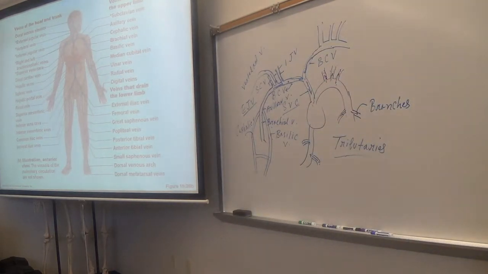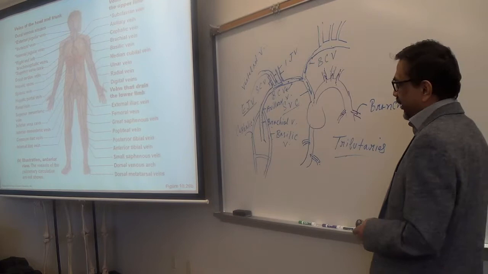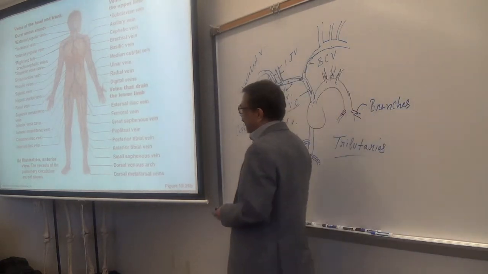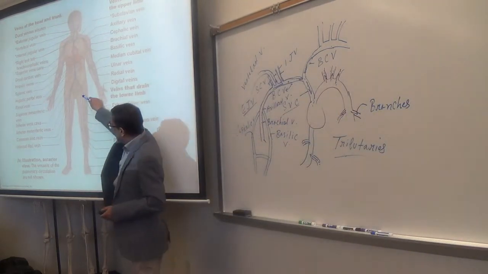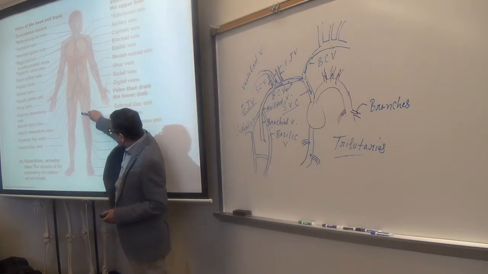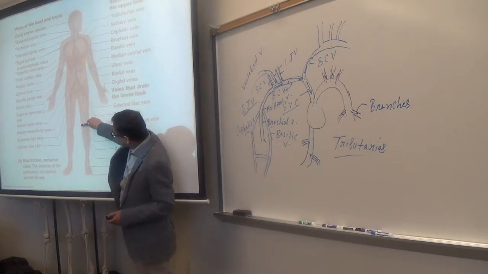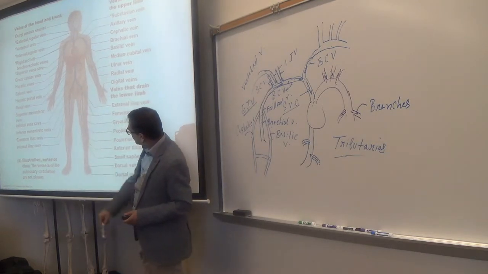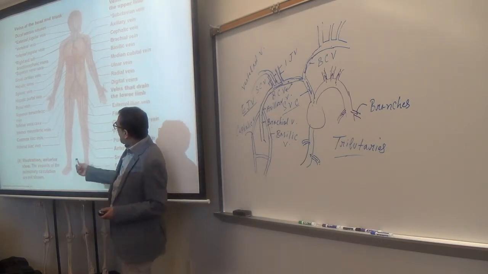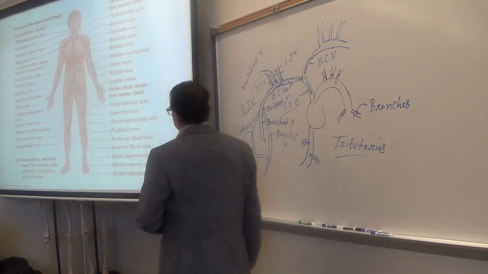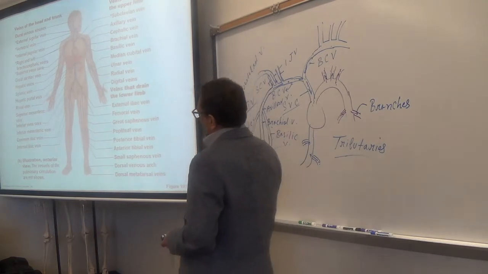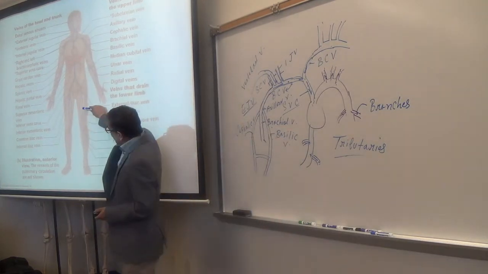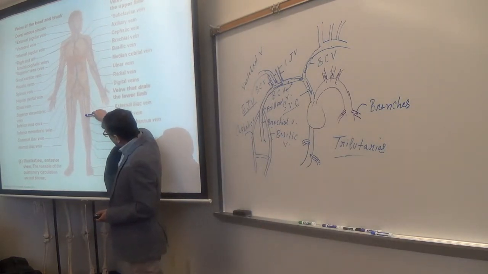But in terms of length, the great saphenous vein, from the very upper part of the thigh, or femoral vein, goes all the way down to the foot. Great saphenous vein. And this is the femoral.